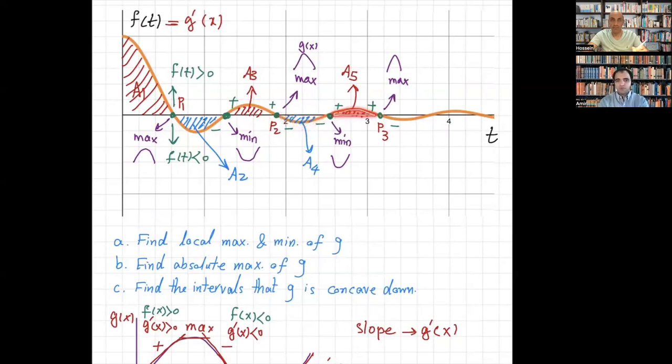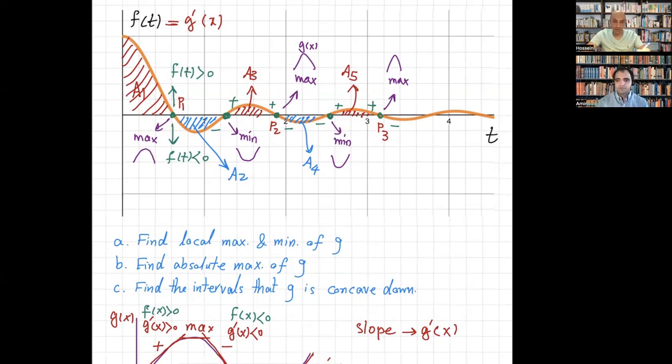So you are subtracting a larger value than the value you are adding, like A3. That's why A1 is greater than all other terms that you are adding or subtracting. So the absolute maximum happens at P1.